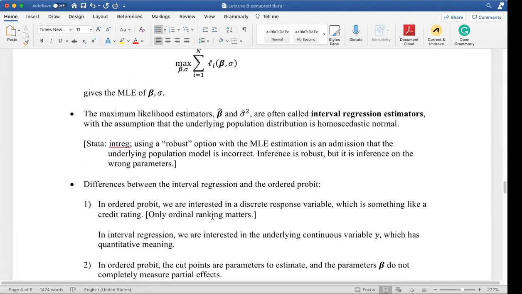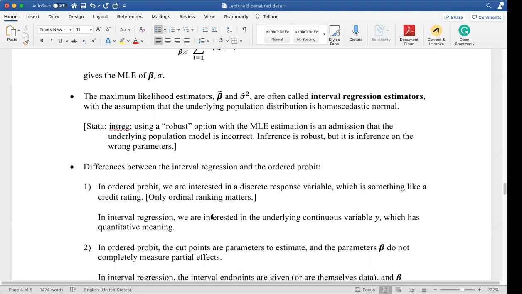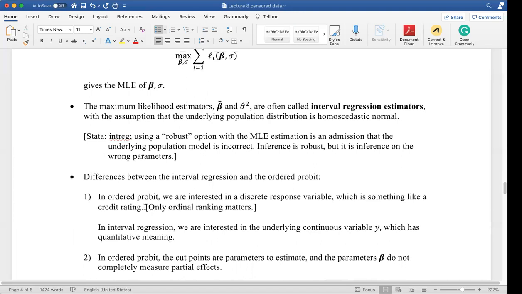Okay, so these are differences between the interval regression and ordered probit. In ordered probit, we are interested in a discrete response variable, which is something like a credit rating. As we said, only ordinal ranking matters, okay? That is for the ordered probit.